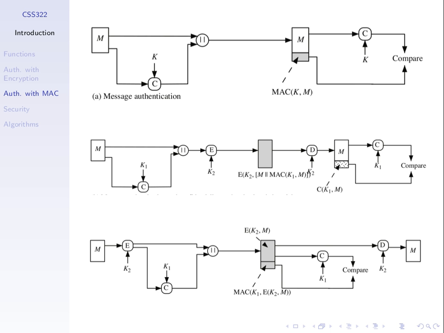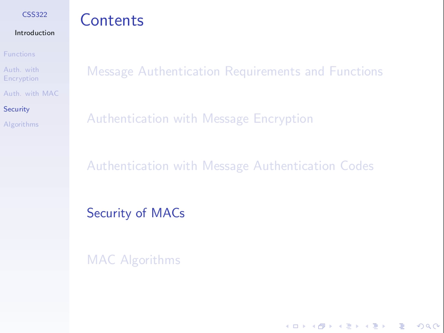And also, so long as the attacker does not know the secret key. The attacker must not know the secret key. So the same concepts apply as in hash functions, except now we have a secret key involved.